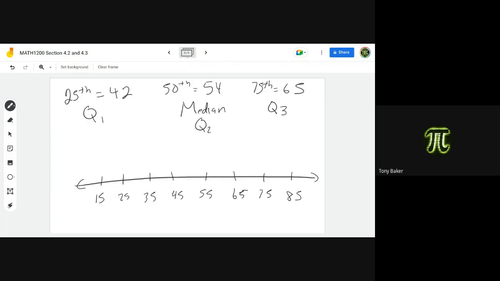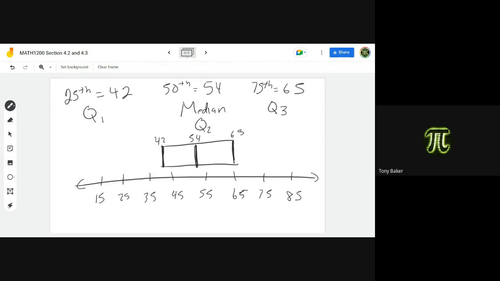My median was 54, so I put a line at 54. My quartile 1 was 42, so I put a line at 42. My third quartile is 65, so I put a line there. And I make my box. That's my box.